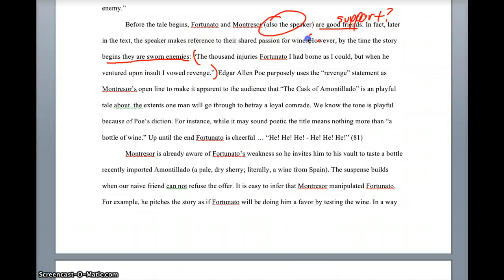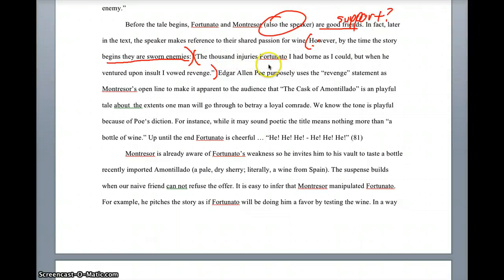It's really a bad practice to make such a bold statement, such a generalized statement, and not back it up with the support from the story. See, this support does not support. This text citation here does not support this point made here.